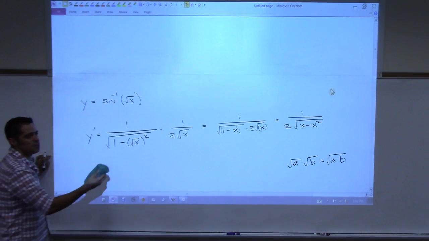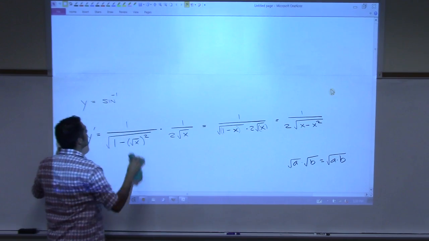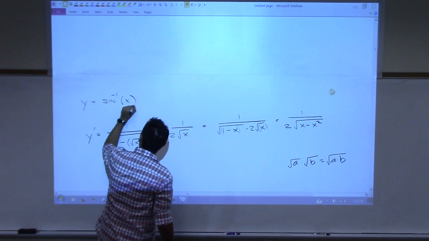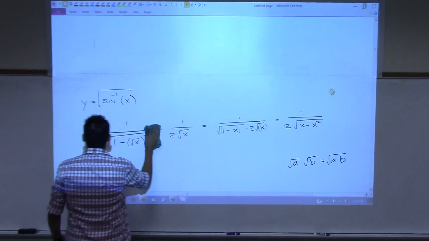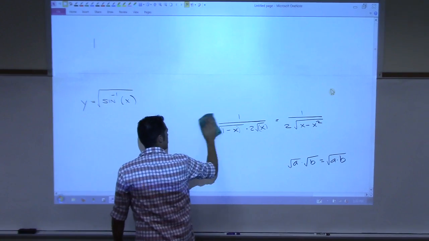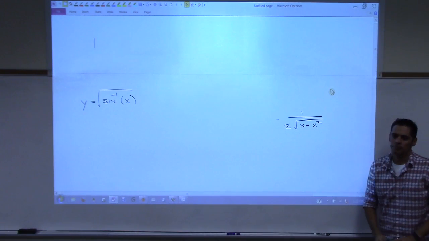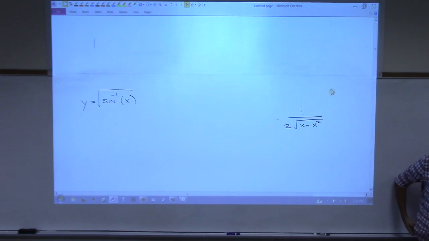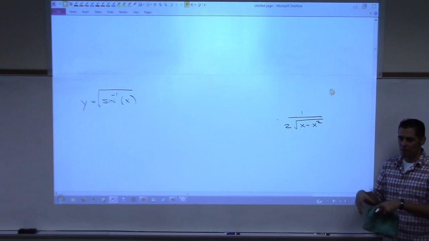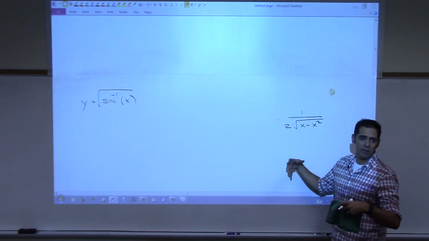All right, let's change the problem a little bit. How is that different? Well, it's in a function. The arc sine lives inside of a root, and so you've got chain rule here, right? You've got a function inside of a function. The outer function here is the root function.